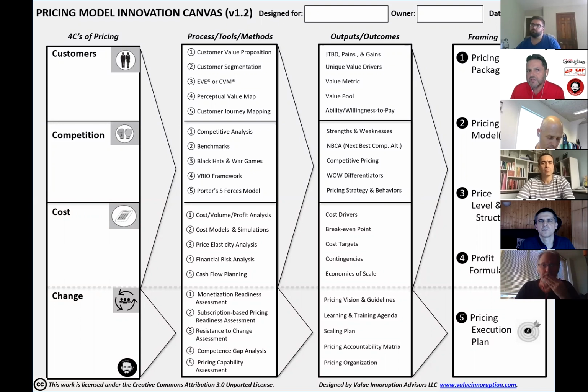So if it's an innovation, because the PMIC is really focused on innovation in service, in business model, and subscription models, then you will go through the packaging: single price, good, better, best, a la carte, closed bundle, open bundle, all these packaging frameworks that have been well published and you could find on multiple websites.